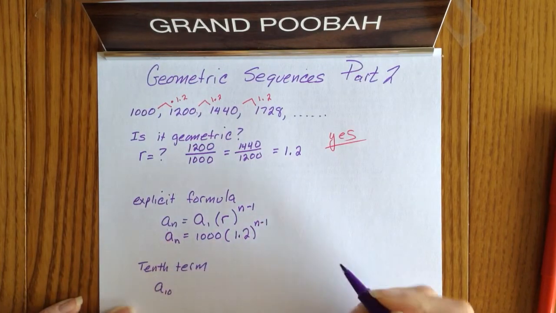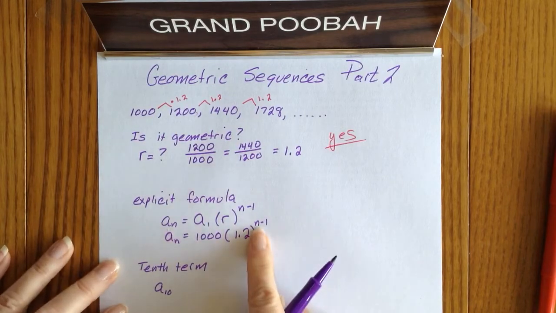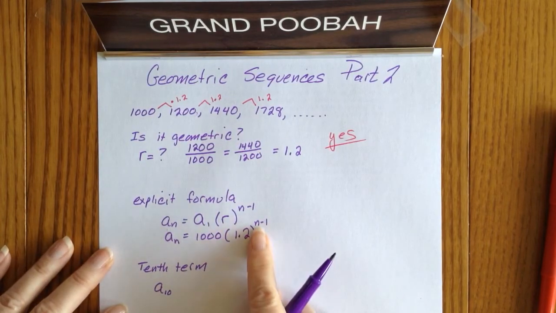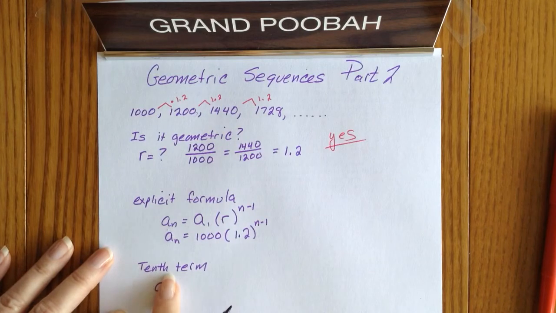It's a formula. If you want the first term, put in a 1. If you want the third term, put in a 3. I've asked you down here for the 10th term. So we are asking, what is a sub 10?